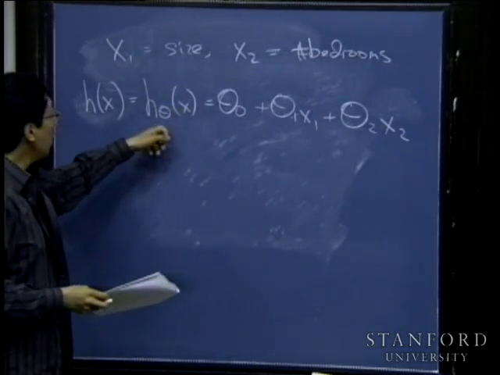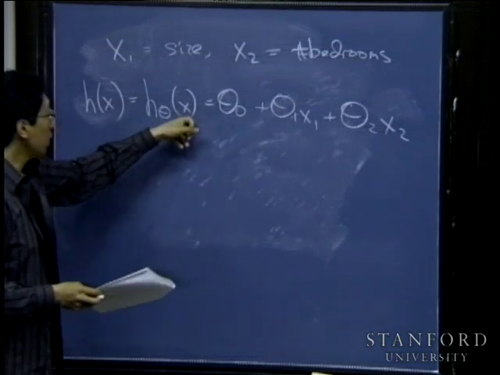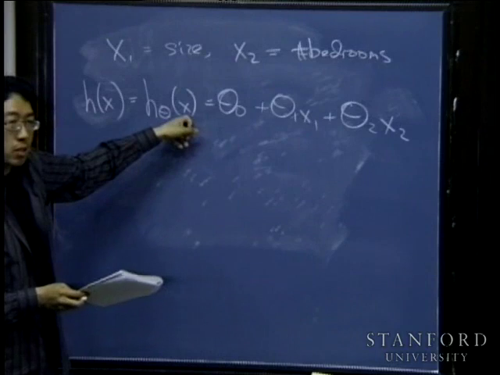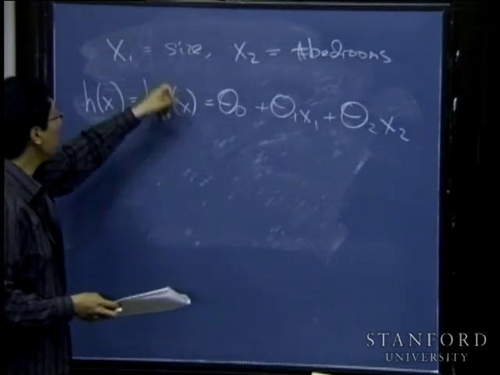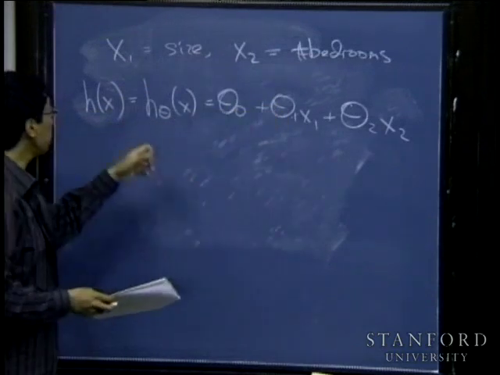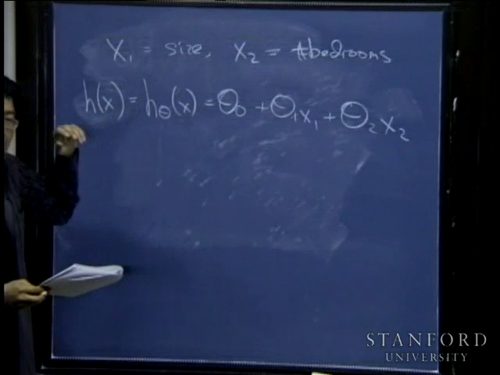This is the price that my hypothesis predicts a house with features x costs. So given a new house with a certain size and a certain number of bedrooms, this is the price that my hypothesis predicts it is going to cost.